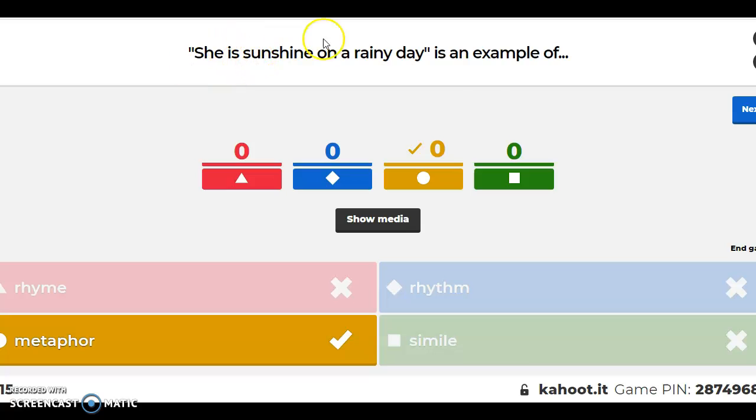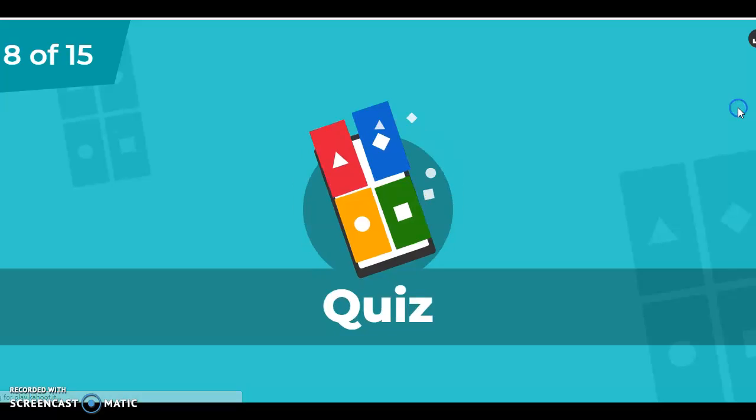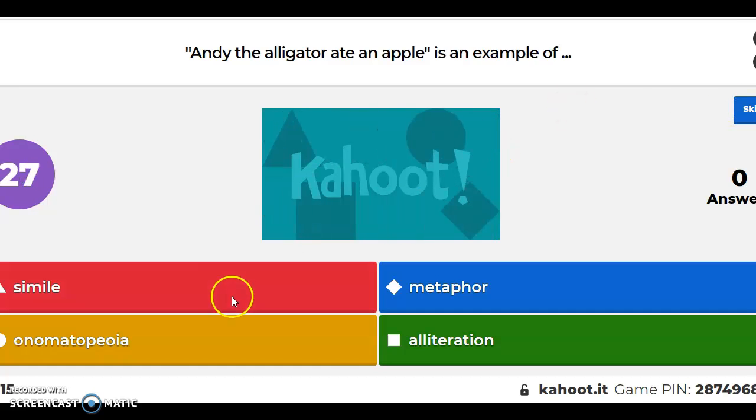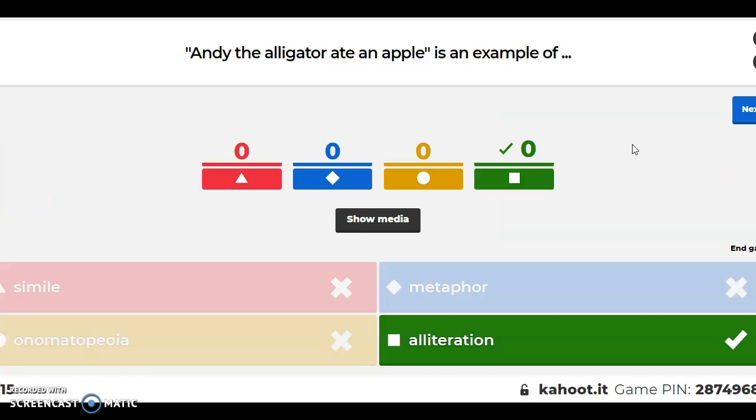We're saying one thing is another. Andy the alligator ate an apple is an example of simile, metaphor, onomatopoeia, alliteration. Alliteration. We have one, two, three, four, five A words.